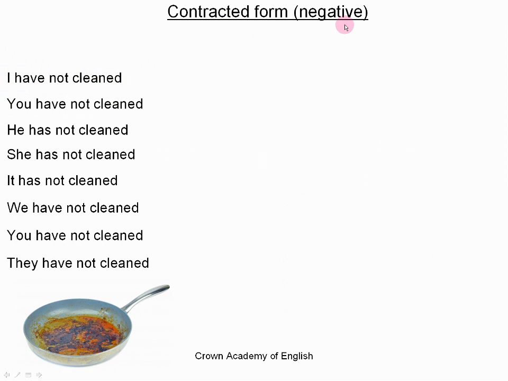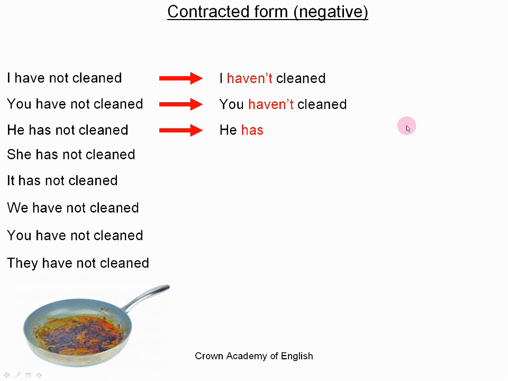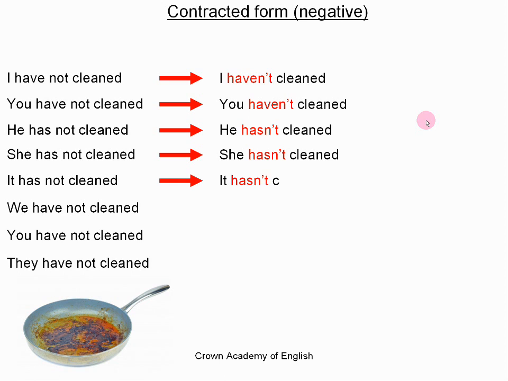Now the contracted form of the negative. I haven't cleaned. You haven't cleaned. He hasn't cleaned. She hasn't cleaned. It hasn't cleaned. We haven't cleaned.